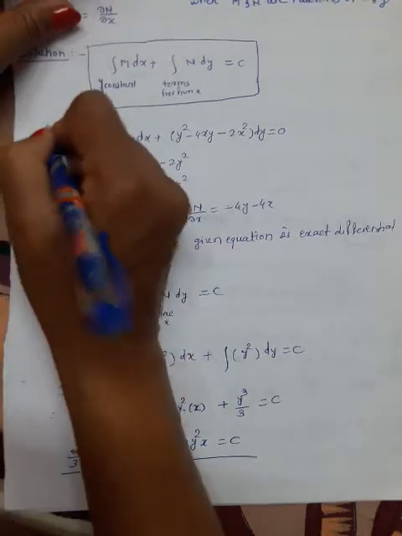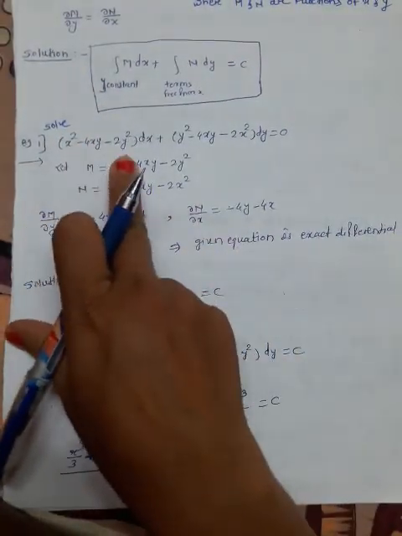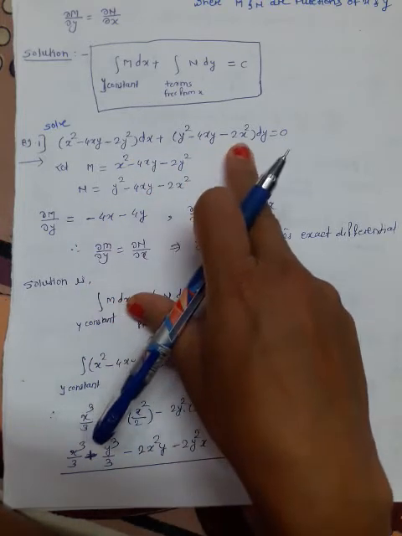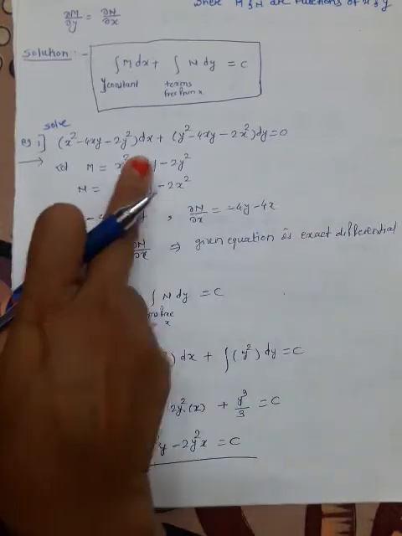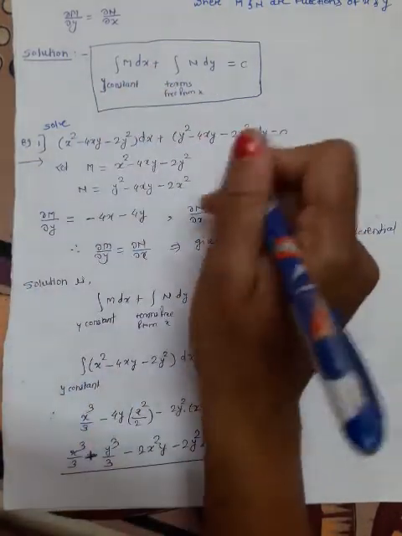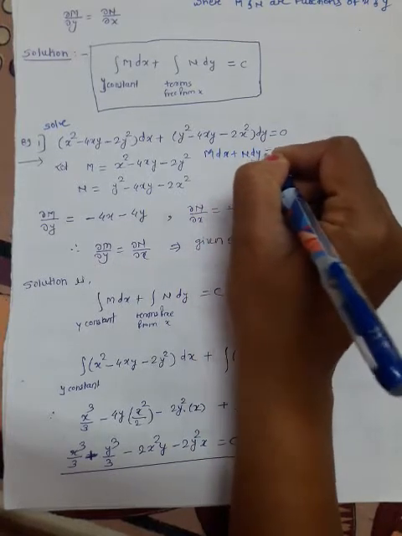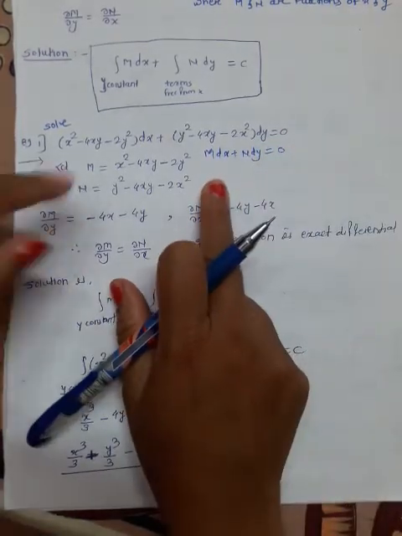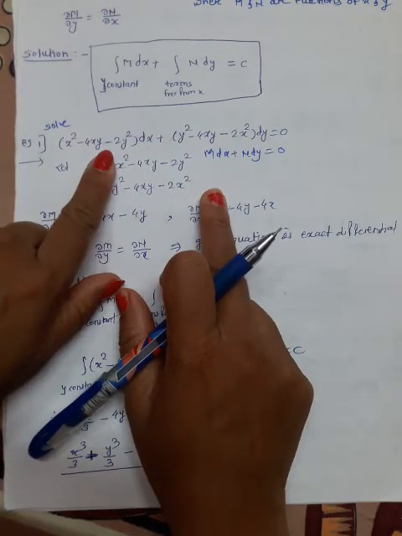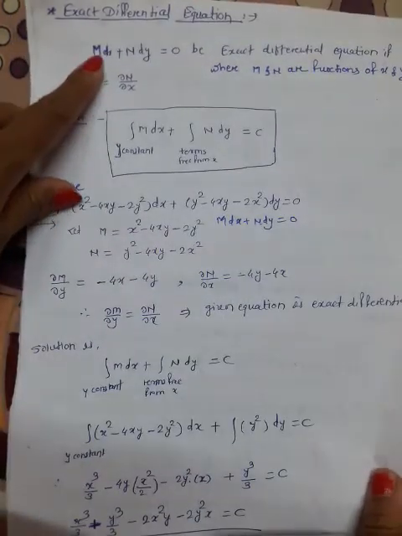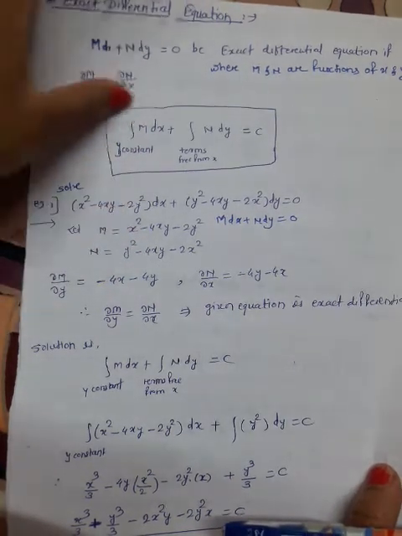This is the first example. Solve this example. This is the term in x and y into dx plus this is the term in x and y into dy is equal to 0. Now comparing this example with M dx plus N dy is equal to 0, M is the coefficient of dx and N is the coefficient of dy, including whatever plus or minus sign is present there.